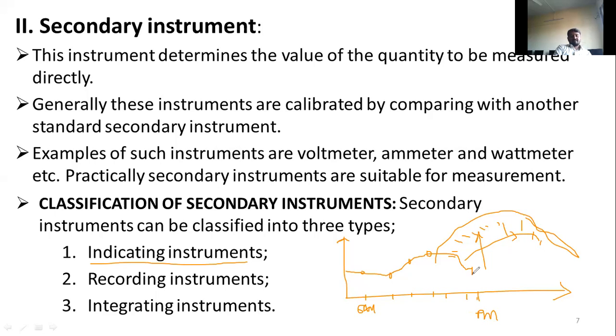Power with respect to time is nothing but energy. So it calculates the value, suppose 550 kilowatt you have used, or 100 kilowatt, or 30 units, 40 units, 50 units. With respect to time, how much we have consumed, those types of instruments we call integrating instruments.